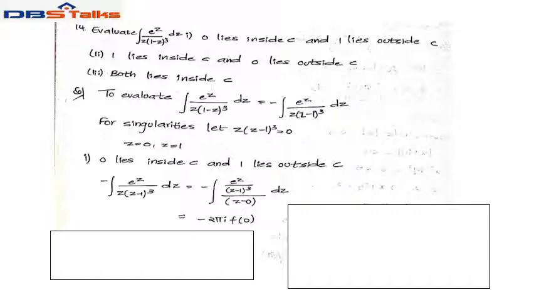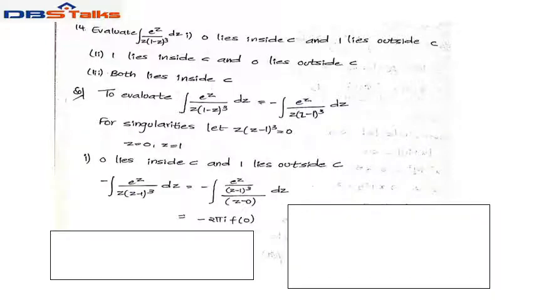First, number 1: 0 lies inside C and 1 lies outside C. Then we write the given integral, minus the integral of e power z by z into (z minus 1) whole cube dz. In this case 0 lies inside C and 1 lies outside C. Since 1 lies outside C, we take (z minus 1) whole cube in the numerator.